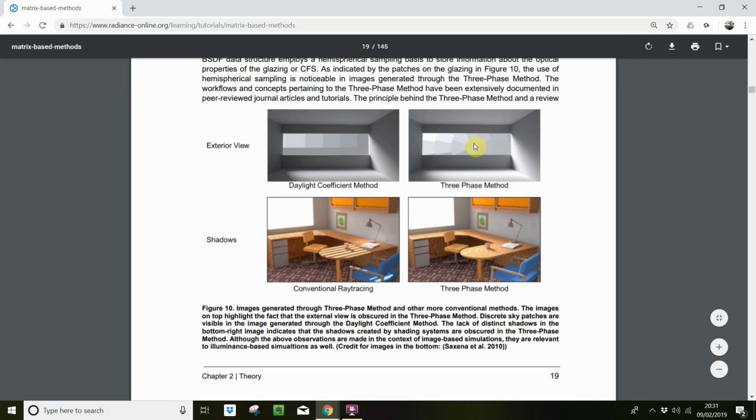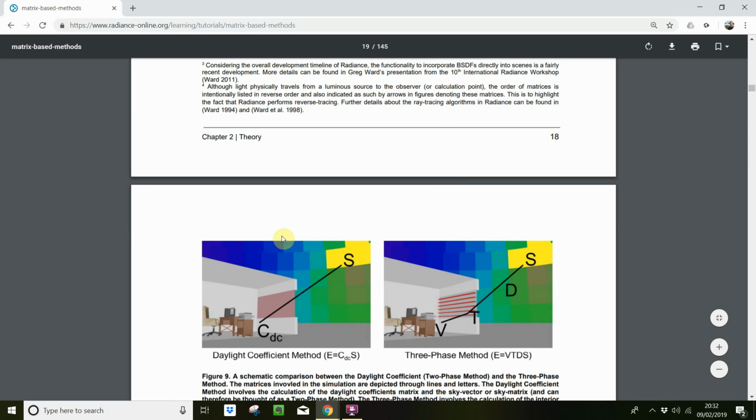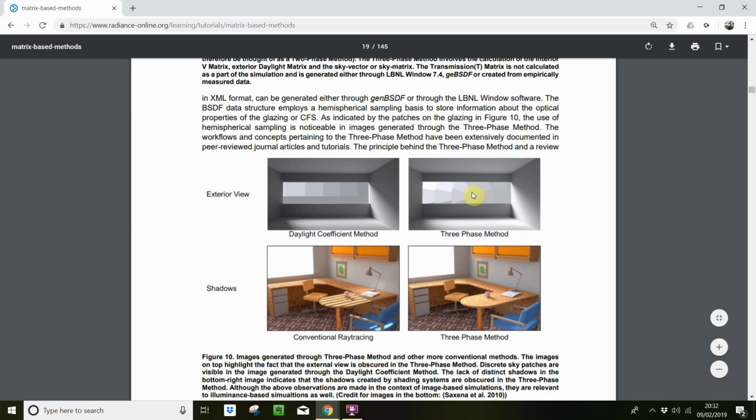What you actually start to see is, remember how I said it puts a dome on the window and it looks at what is the quantity of light coming at me straight on? What is the light coming from that hemisphere, that hemisphere, and that hemisphere? It's pretty much the same as how the whole sky dome is divided into patches. That's what it's doing here.